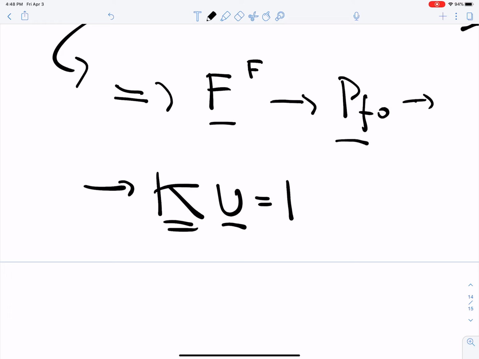U equals P minus PF0. All right, let me stop here. The next lecture will cover the example that involves the distributed load, and I'll leave you the temperature example to do on your own.